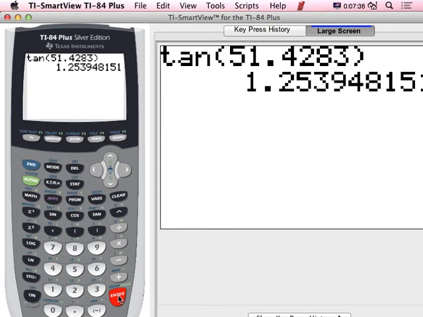Do you think that we would get the same thing if we did 1 divided by 1 divided by tangent? Try it and see if you do. Take a minute. I know a lot of people want to do that. They want to say it's really 1 divided by 1 divided by. See if you get the same thing.